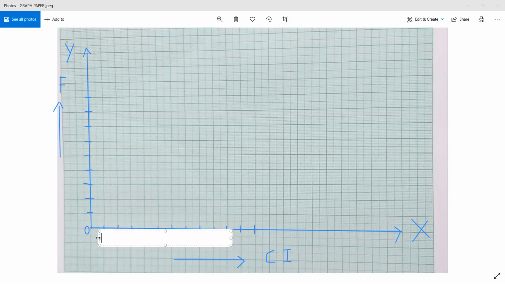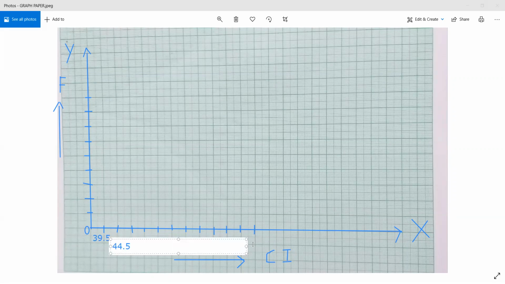Okay, then we're going to put the points. So the first point will begin at 39.5. Then the second point here I will put down, it is how much? 44.5.